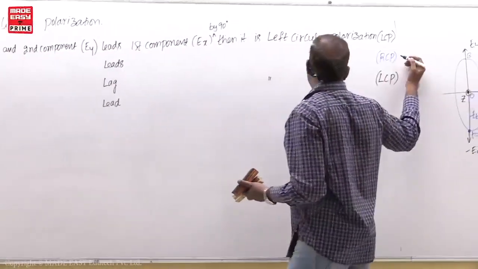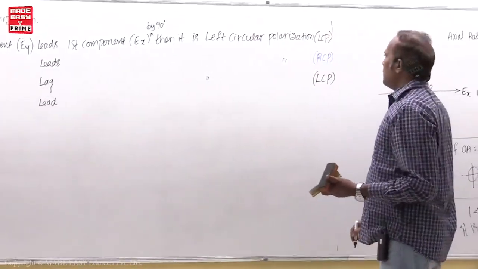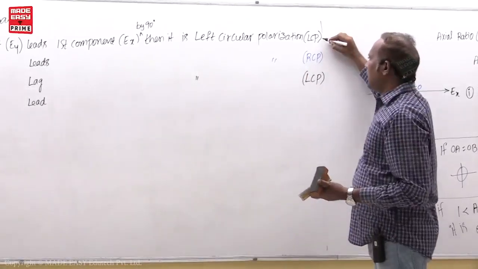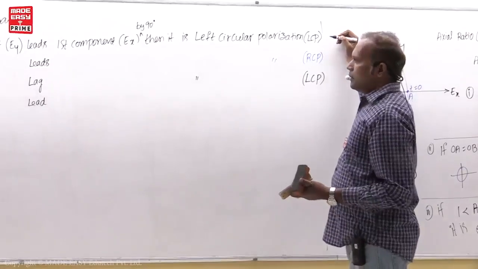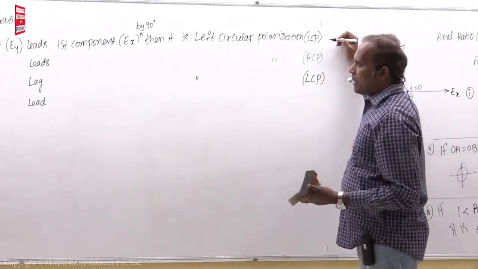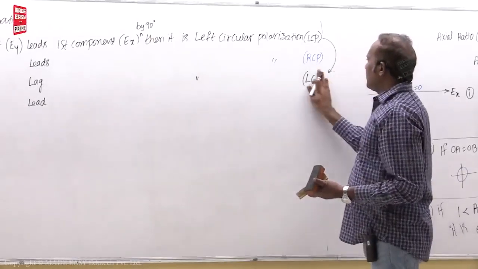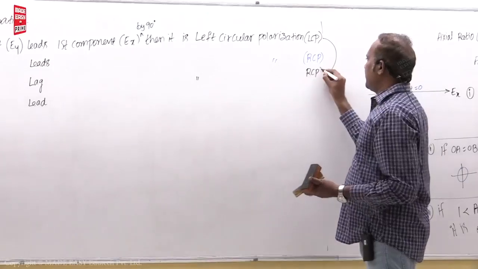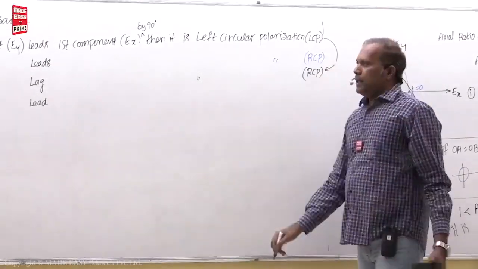Third one: plus z direction is there, lag is there. Then again left becomes right, students, because only one change is there. RCP.